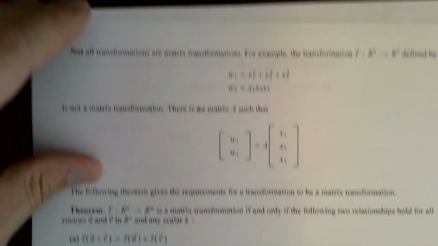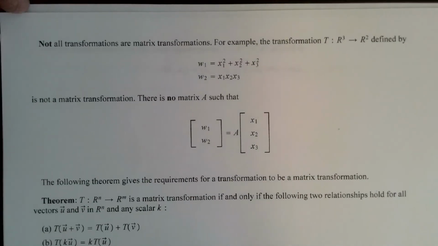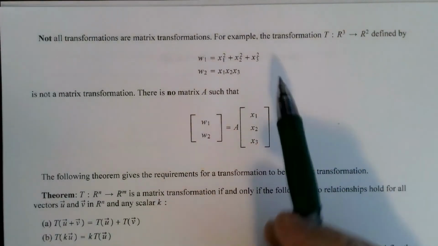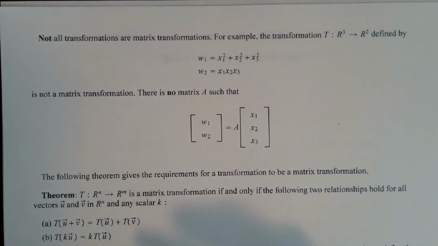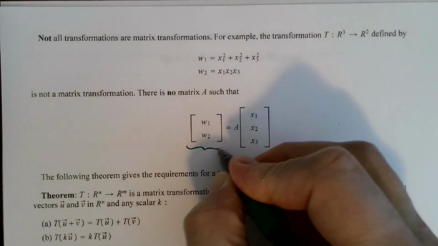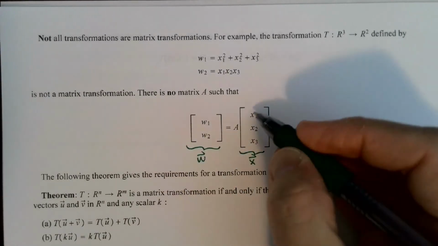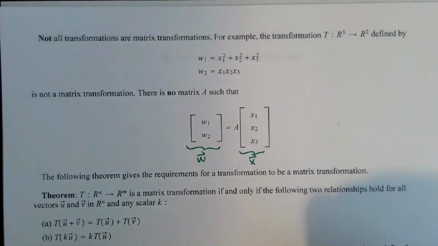Not all transformations are matrix transformations. So for example, the transformation going from 3 space to 2 space defined here is not a matrix transformation. There's no matrix A where I can write w equal to A times x, x being an ordered triple in the domain, output being an ordered pair in the codomain.